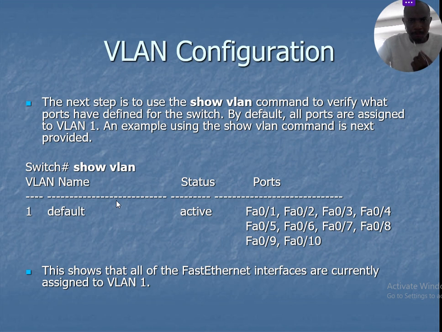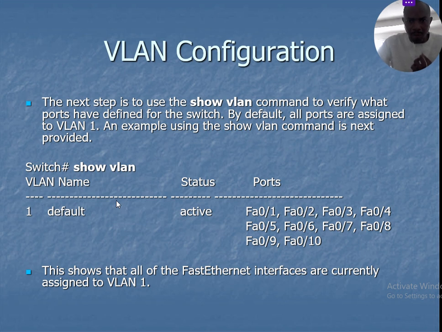The show VLAN command shows all the ports and runs down everything you have defined for the switch. By default, all ports are assigned to VLAN 1 at the moment.